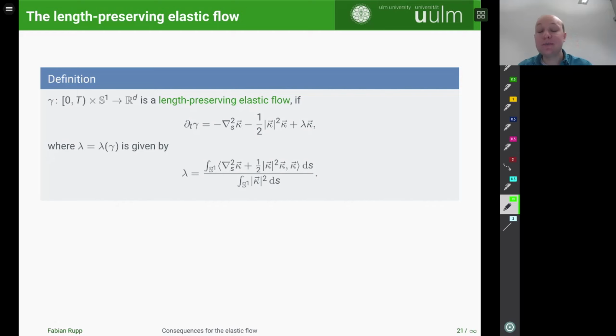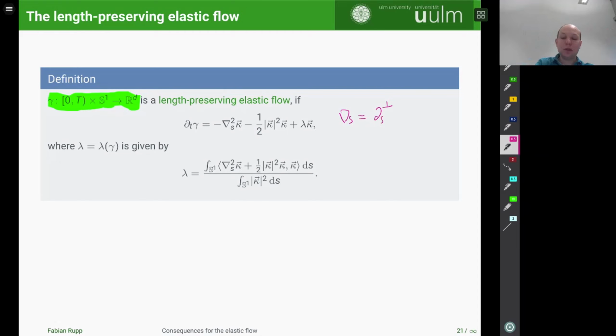So we say that a family of smooth curves defined on this time interval 0, T cross S1 is a length-preserving elastic flow if it satisfies this geometric evolution equation here. Here we use the notation nabla S for the normal projection of the arc length derivative ds.